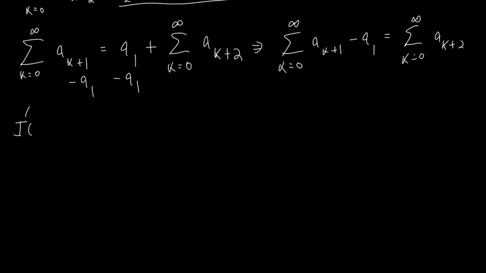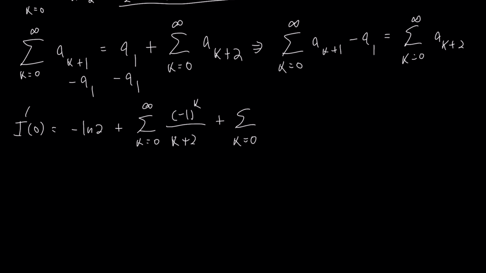So we said that I prime of 0 is -log 2 plus the sum from 0 to infinity of -1 to the k divided by k plus 2, and plus the sum from 0 to infinity of -1 to the k divided by k plus 2 quantity squared. And we'll use this identity to find the sum values.